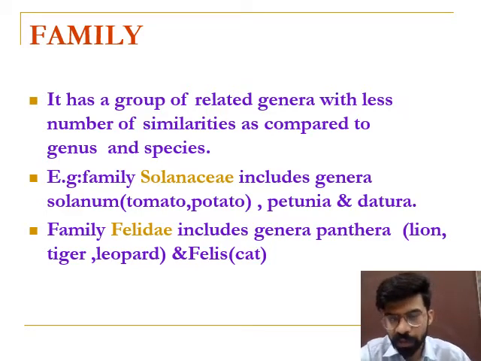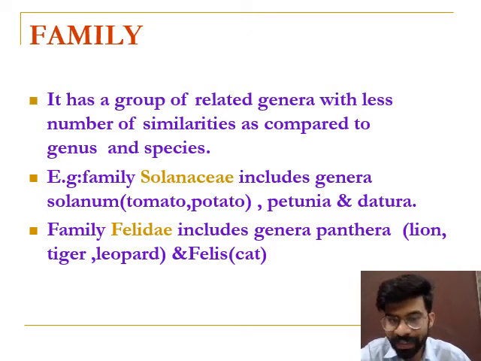Here, the yellow word: family is Solanaceae, which includes different genera. One genus is Solanum. Solanum contains tomato and potato, petunia and datura. All are members of the family Solanaceae. And in animals, the family is Felidae.